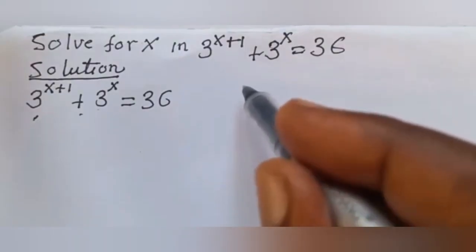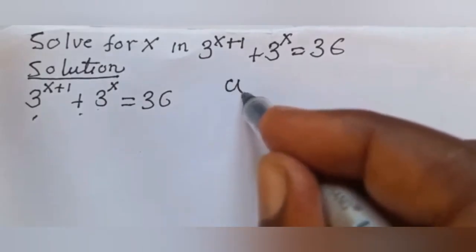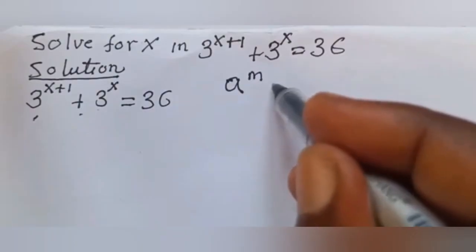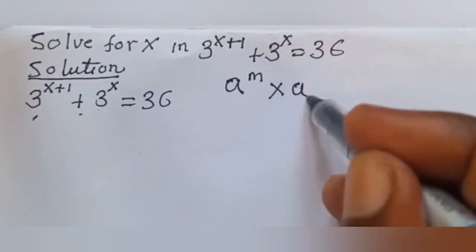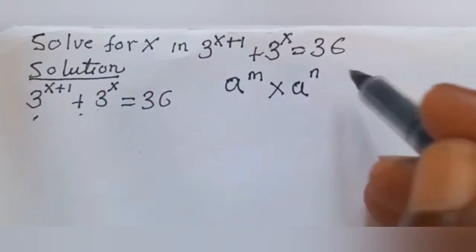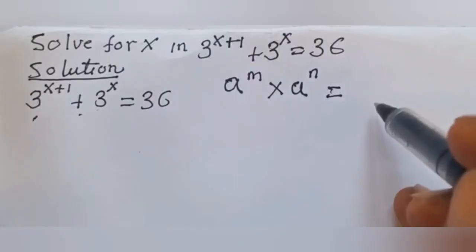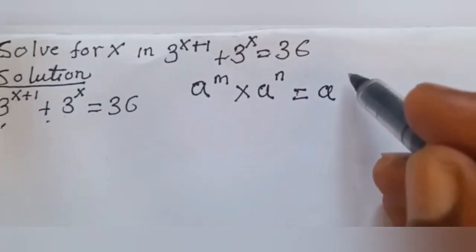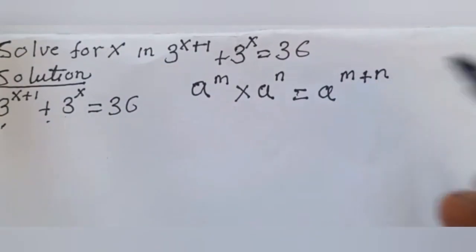It says that a raised to power m times a raised to power n equals a raised to power m plus n.